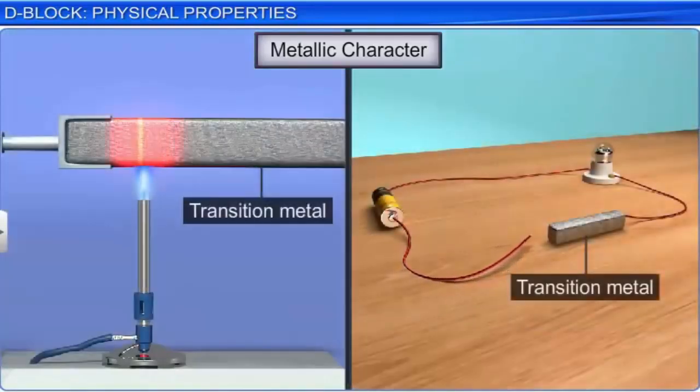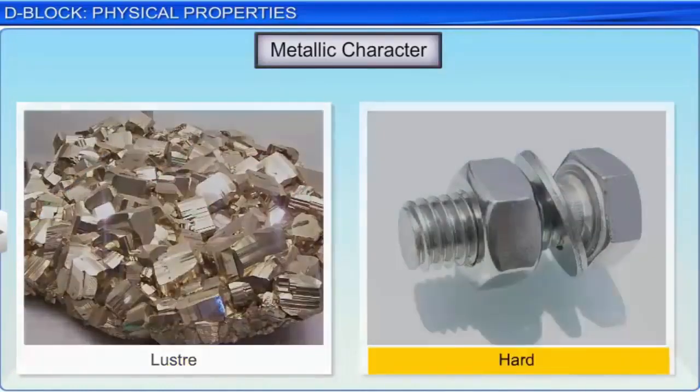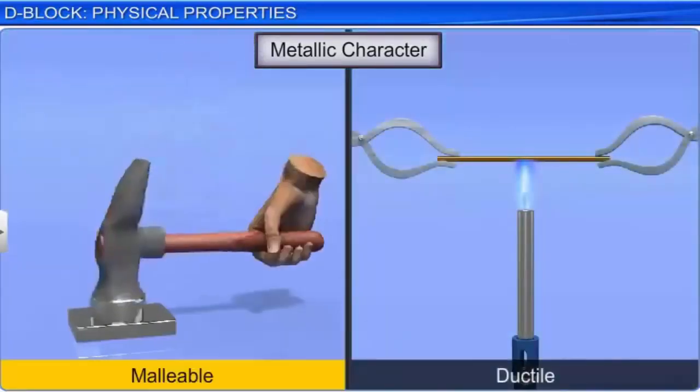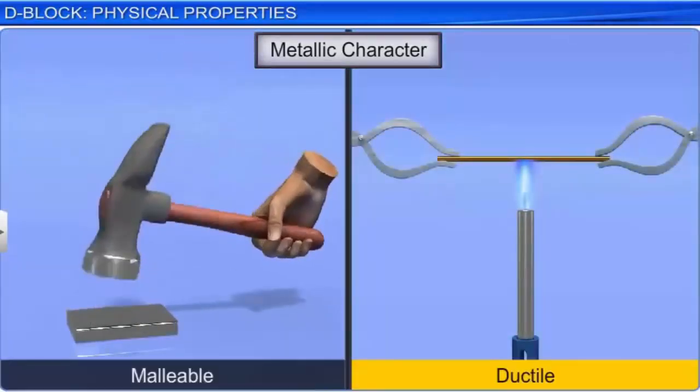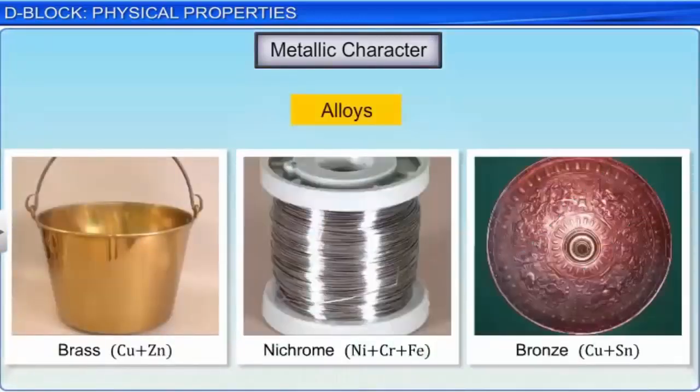They are good conductors of heat and electricity. They exhibit metallic luster and are hard. They are malleable and ductile. They form alloys with other metals.